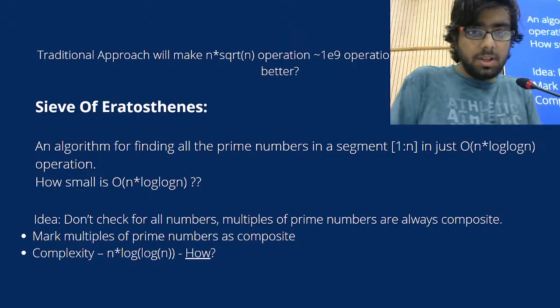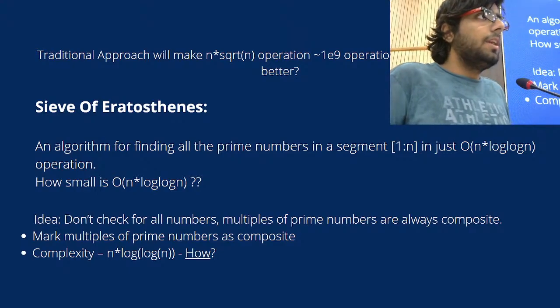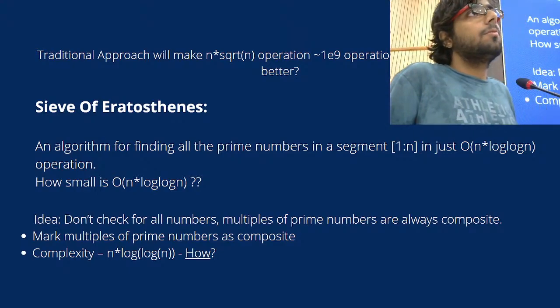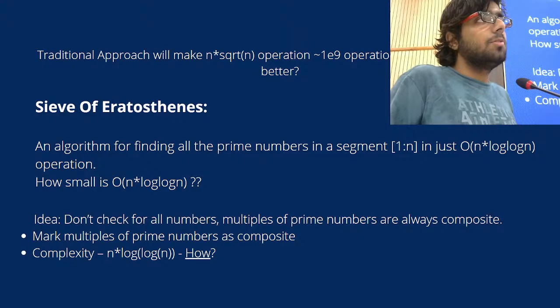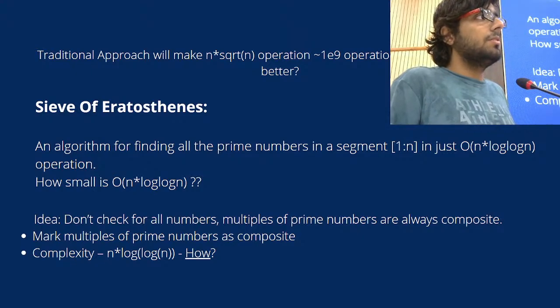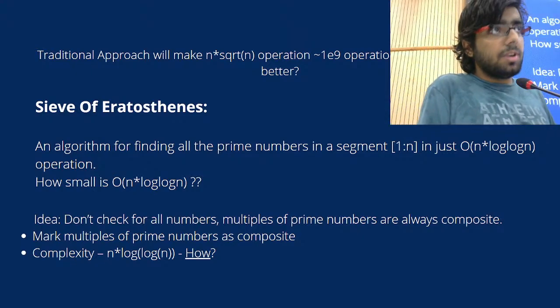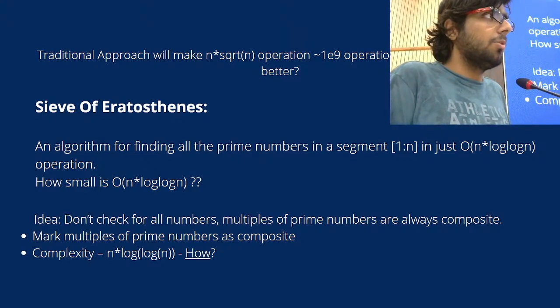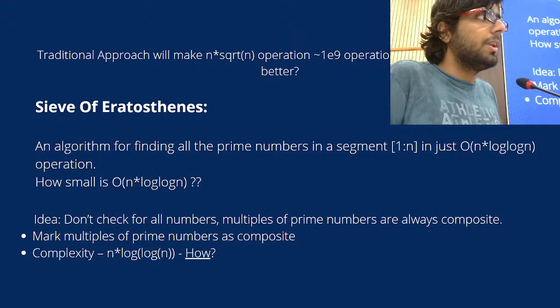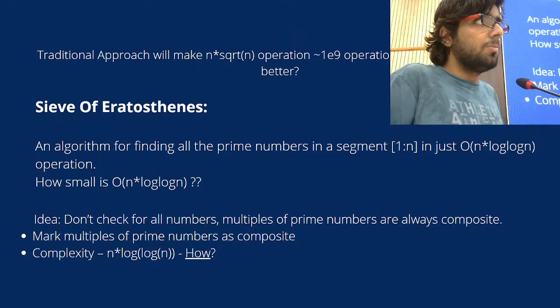If we want to find how many numbers from 1 to n are prime, what we basically do is mark the composite numbers as false. Initially we assume that all the numbers from 1 to n are true, that is, prime, and then we keep marking the composite numbers as we find them.